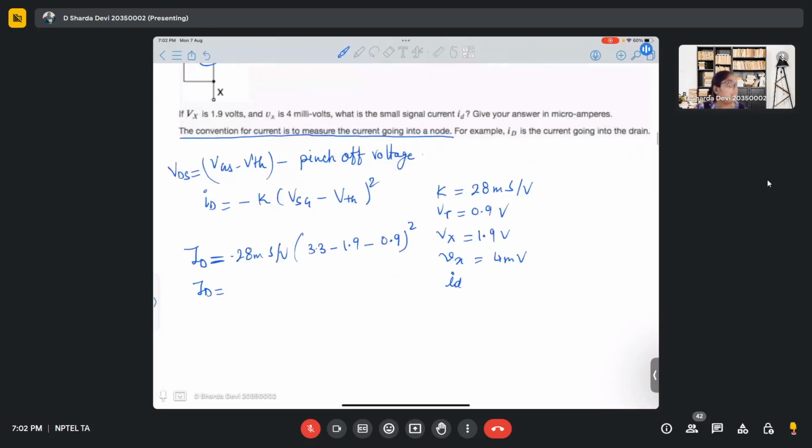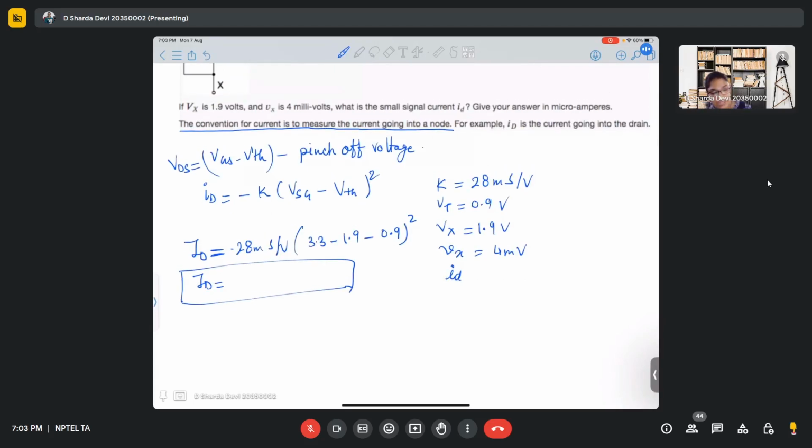So ID that you are getting is how much? Can anyone let me know what value of ID you are getting?